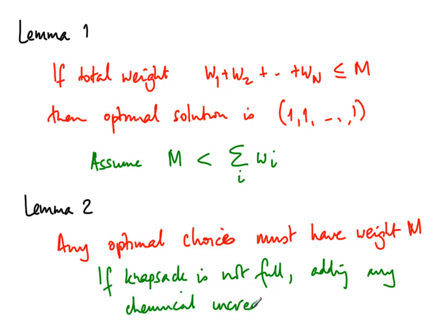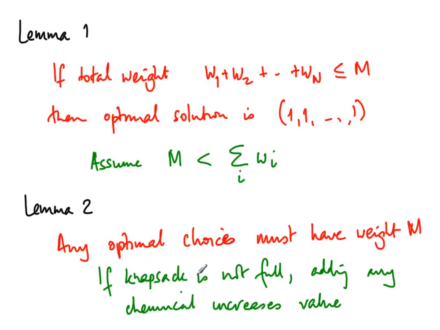Of course, we are assuming that all the chemicals have non-zero value. If you have something which is worth nothing, then of course you don't get anything by adding it. But in general, the problem is interesting if all the chemicals have some positive value. So if the knapsack is not full, then adding any chemical increases the value, so it cannot be optimal.